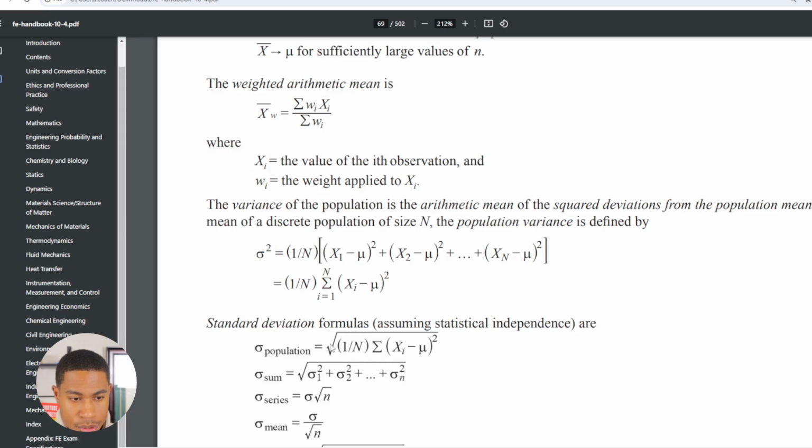So if you were to take this square root on this side and put it on the other side as a square, this would be variance now. So it's the same thing. Variance is just standard deviation squared. Okay.